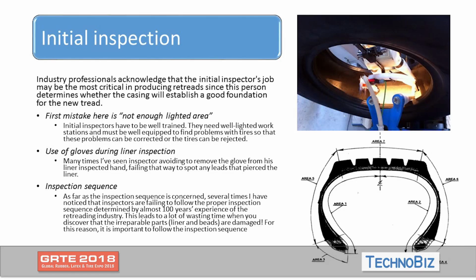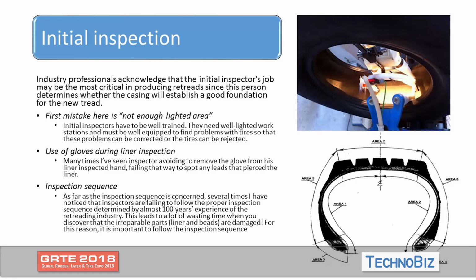This sequence gives me the possibility to check first the most difficult part of the casing. So if, for instance, I start inspecting my tires from the crown, when I am at the end of the process, maybe I find that the liner was discolored because of under-inflation, and the casing has to be thrown away.